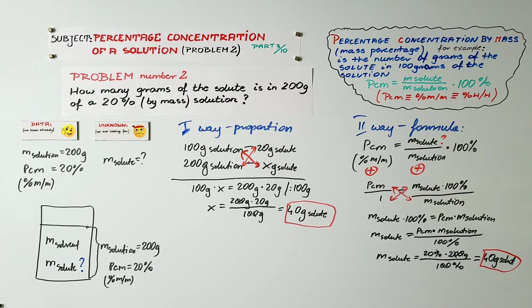So guys, we solved this problem in two ways, based on proportion and based on a formula. You guys decide which way is easier for you. For me, proportion is easier, but I absolutely don't negate this formula because all the problems presented in this video can be solved using this formula.